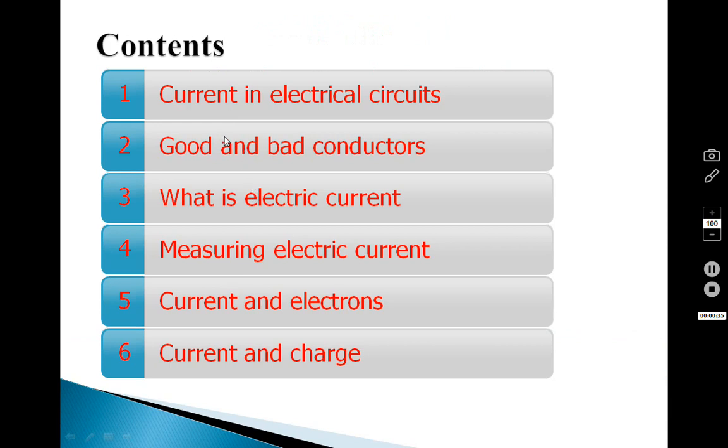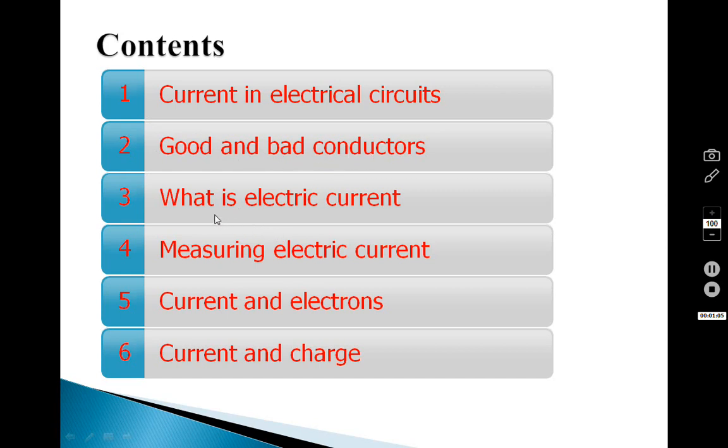Actually, this presentation will cover some titles and subtitles. We will cover current in electrical circuits. We will say how the current is moving through the electrical circuit, and then we will cover good and bad conductors, which material is good conductors and which one is bad conductors.